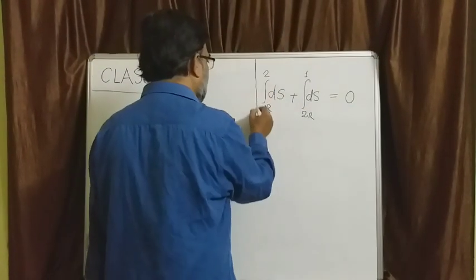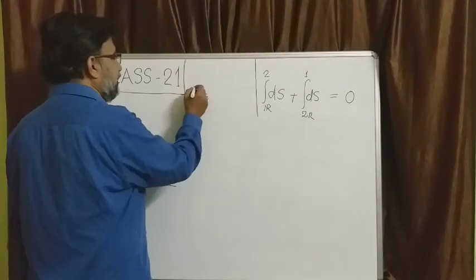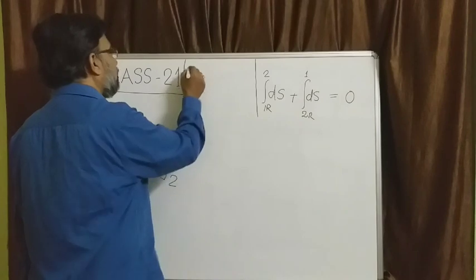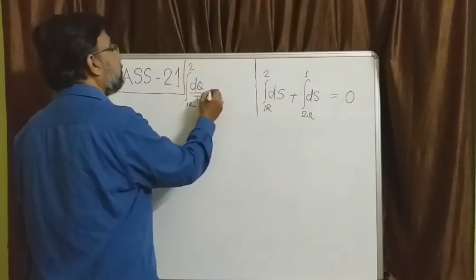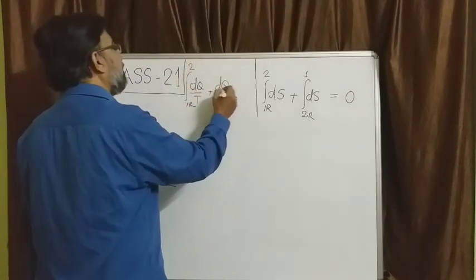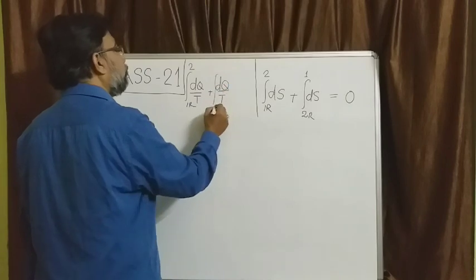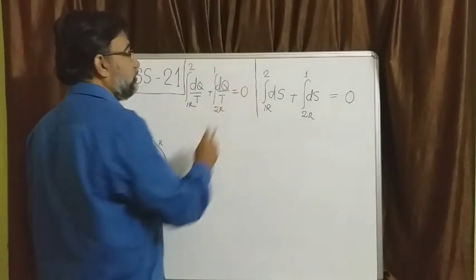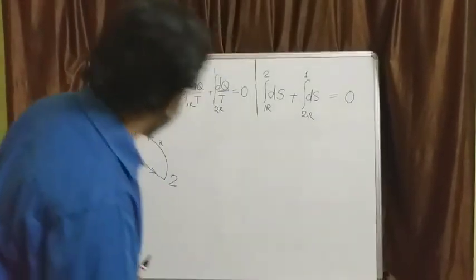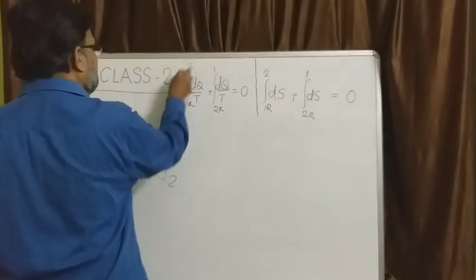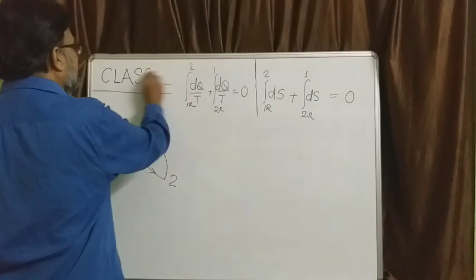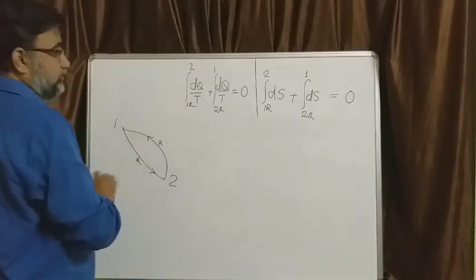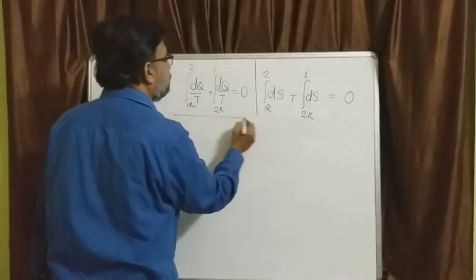Similarly, if I write dq by t, dq by t 1 to 2 reversible plus dq by t 2 to 1 reversible is also equal to 0, because the cyclic integral of dq by t is 0 for a reversible cycle. So this is also 0.